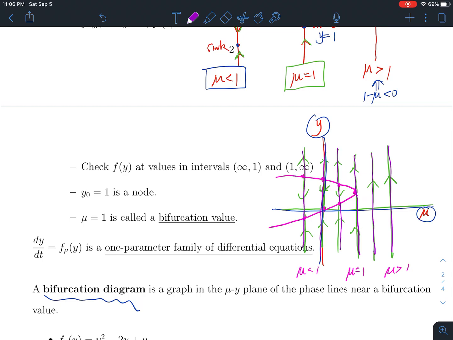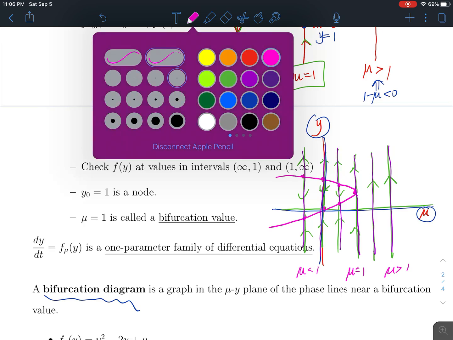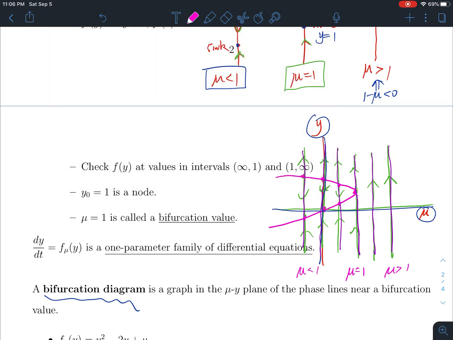Beside those coordinates, we draw sample phase lines for different mu values. One important thing is, besides drawing those sample phase lines, we want to draw the curve, and this curve is all the possible equilibrium points.